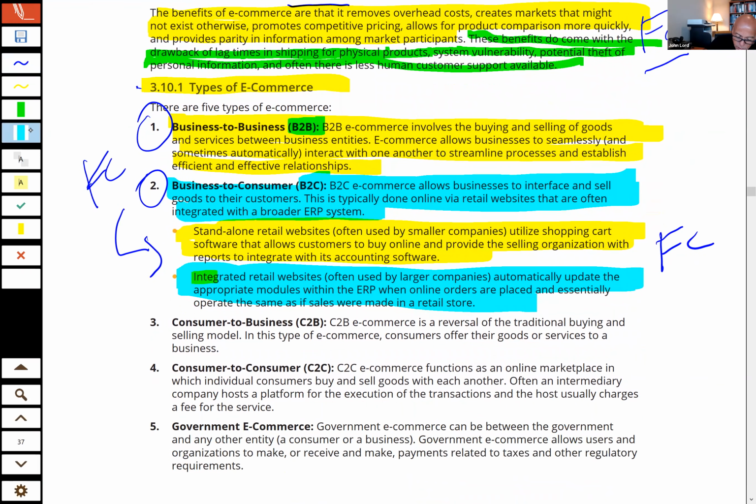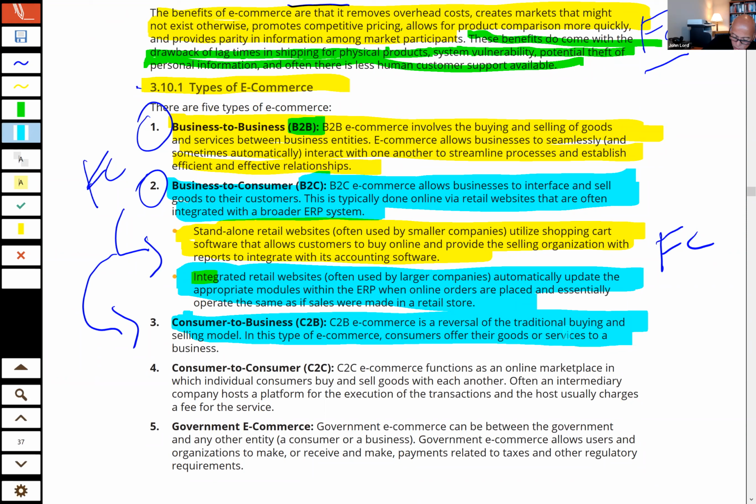And so you take a look, and guys, I want you to flashcard all 5 of these, okay? Consumer to business, e-commerce is a reversal of traditional buying. And in this type of e-commerce, consumers offer their goods or services to a business. And then consumer to consumer, and these are often intermediary companies that host a platform for execution of transactions, and the host usually charges a fee for the service.